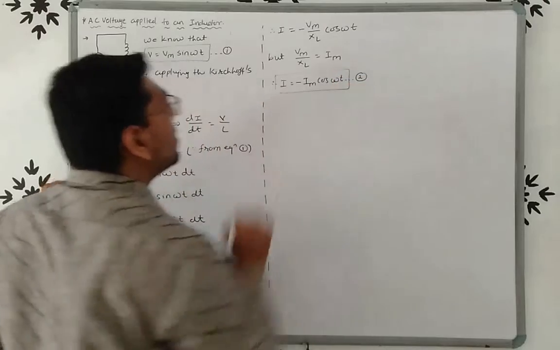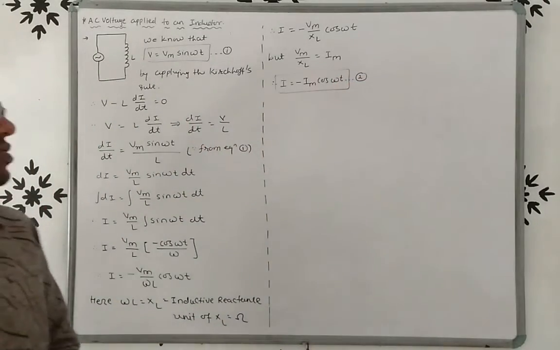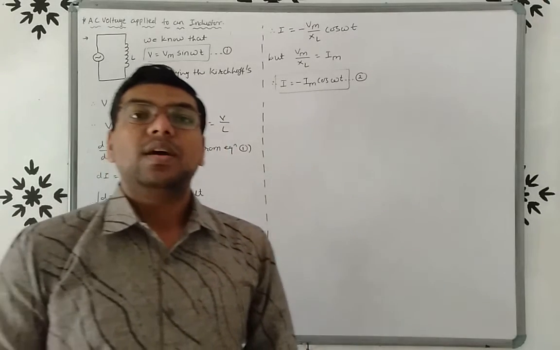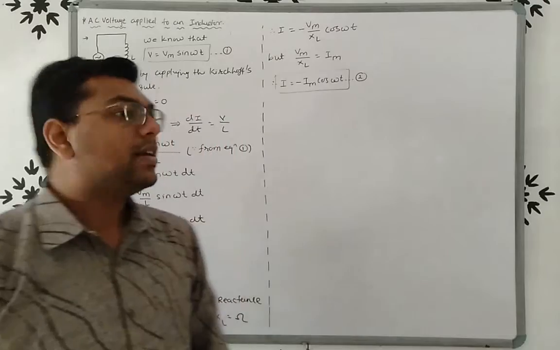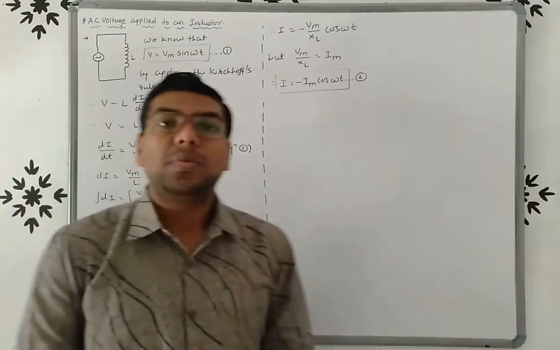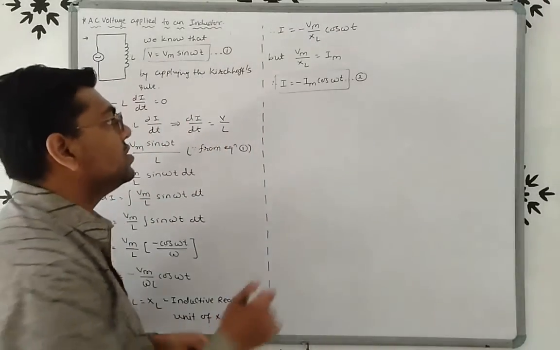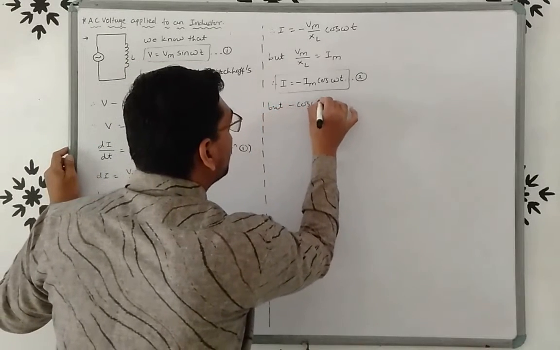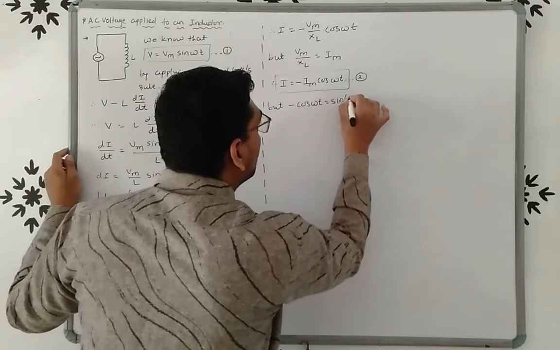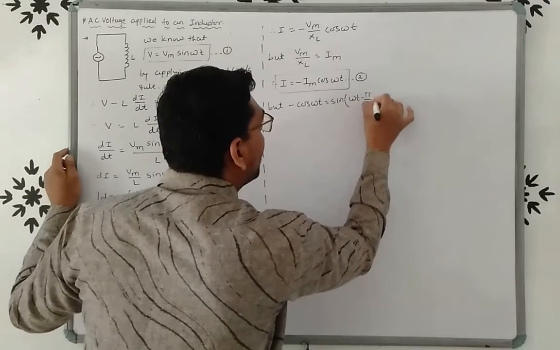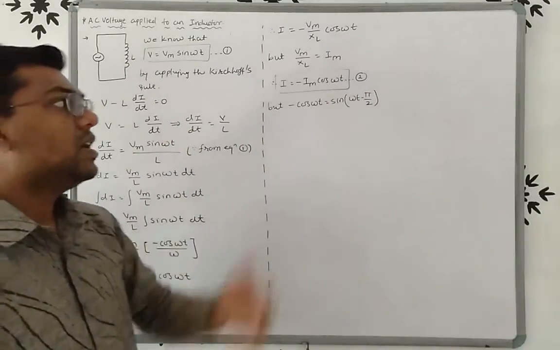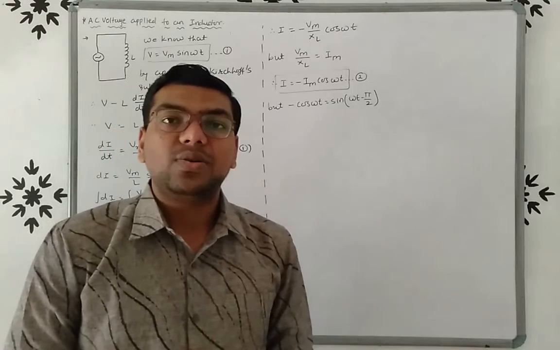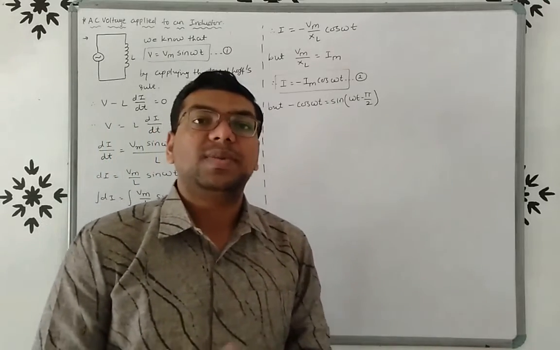So the equation of current is I is equal to minus Im cos omega t. Now if we want to write this equation in the form of sine omega t, we know that minus cos theta is equal to sine theta minus pi by 2, right? You already studied this concept in standard 10.